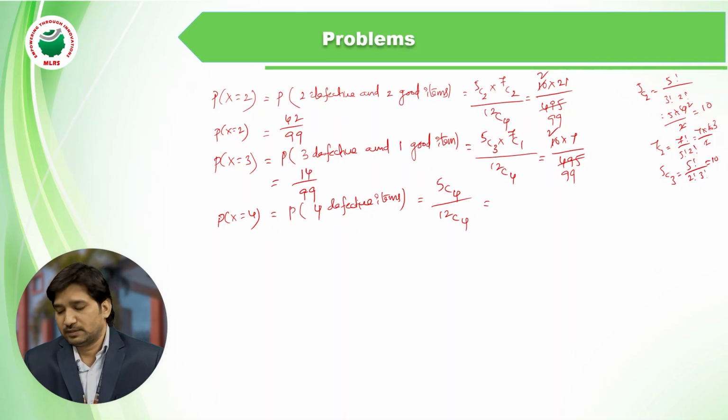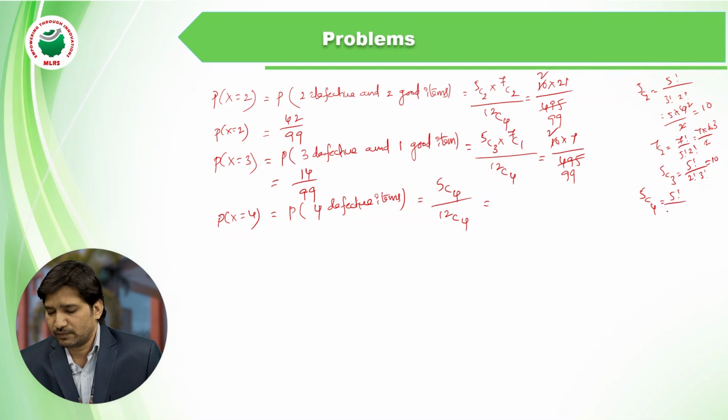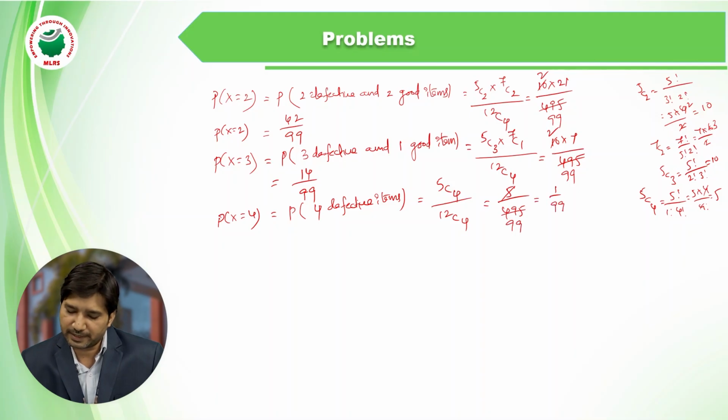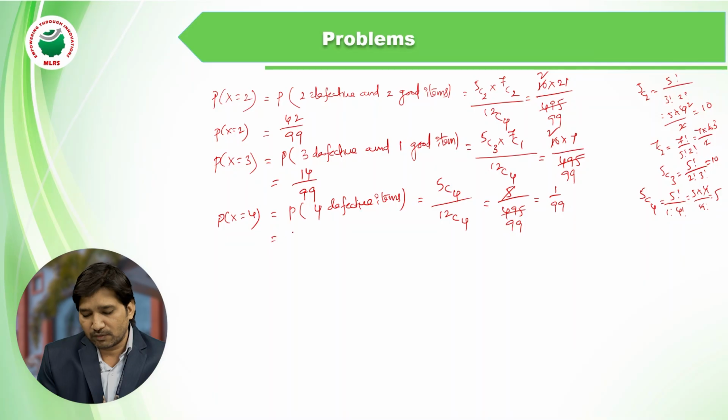The value of 5C4 is 5 factorial by 1 factorial into 4 factorial. 1 factorial is 1. So we can write 5 into 4 factorial by 4 factorial. 4 factorial cancels, we will get 5 only. That is 5 by 495. You can cancel this one also, 99. That is 1 by 99. So the value of X equal to 4 is 1 by 99.